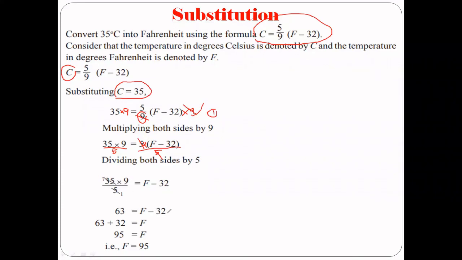Now we want to remove this minus 32, so put plus 32 on both sides. Cancel out this one with this one, then F remains in the right hand side. 63 plus 32, 95. So our answer is 95 degrees Fahrenheit.